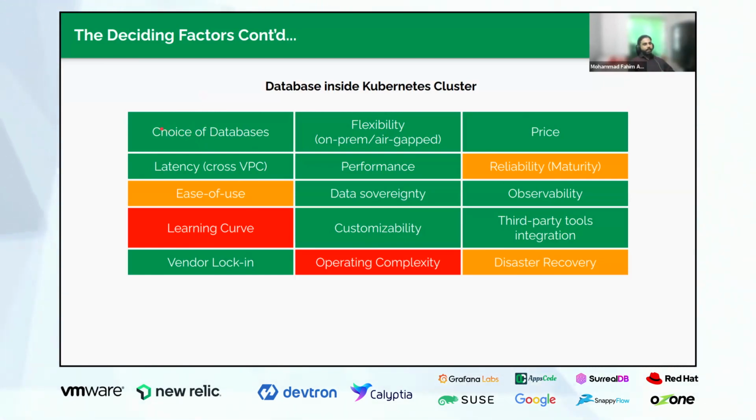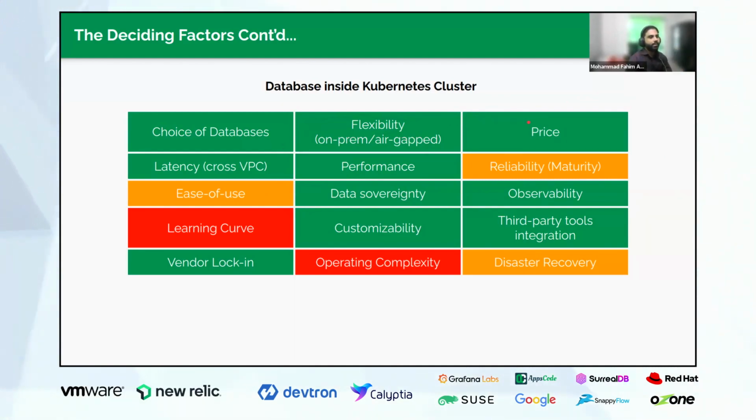So if you have the database image, you can run that. Then the flexibility. It has a lot of flexibility. You can run on-prem, you can run on an air-gapped cluster with some private registry, you can run on IoT devices. So the flexibility is great here.